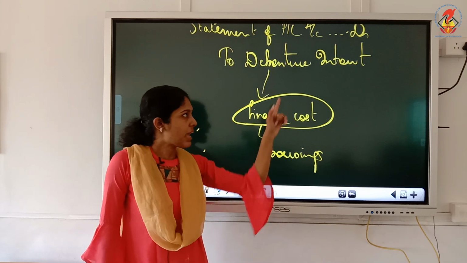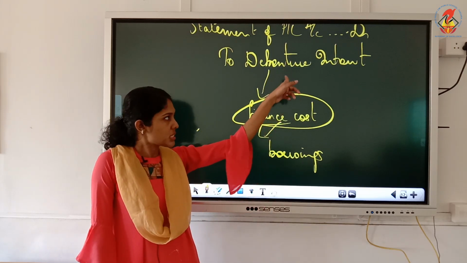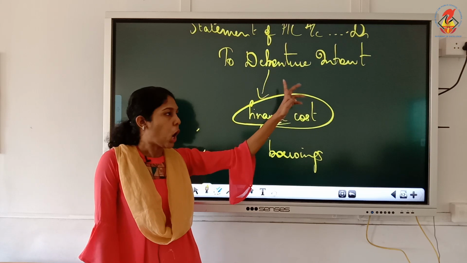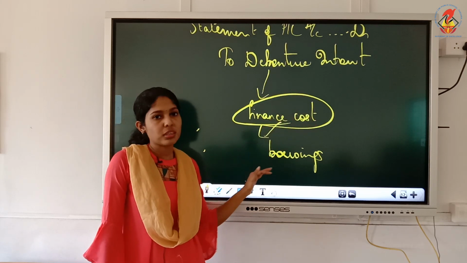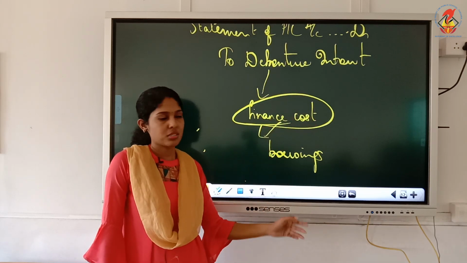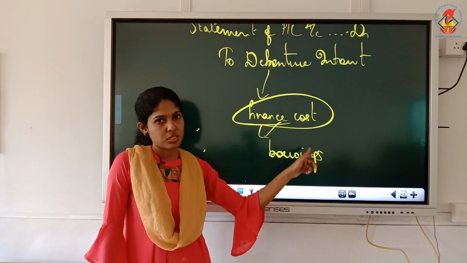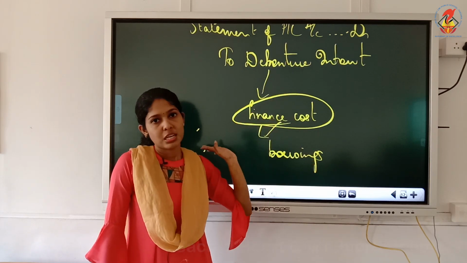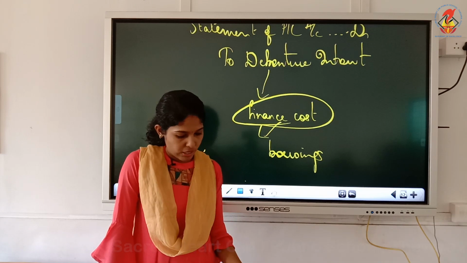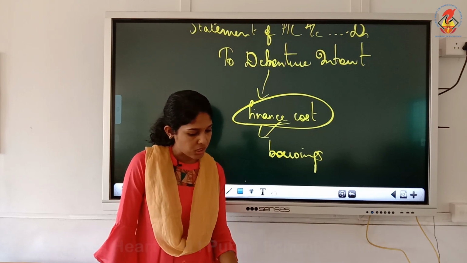That is why we have to pay the debenture interest. So this interest is an expense or cost associated with borrowings. Such costs are known as finance cost. Nature of debenture interest is finance cost. For a 1 mark question, they might ask you this.